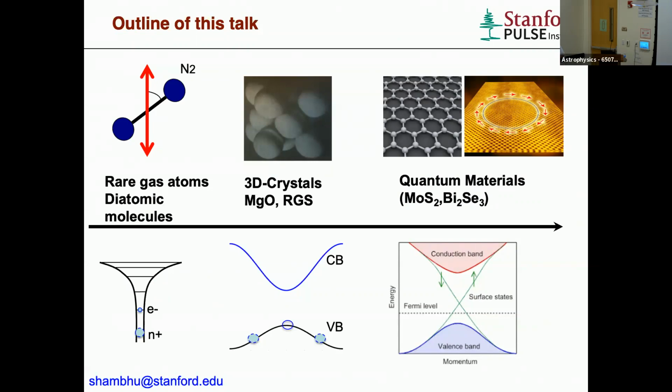In today's talk, I will start by briefly telling you about the spectroscopy in the molecular case, and then I will mention the recent progress that the community has made since this first experiment on the zinc oxide crystal. The most interesting part that I'm excited about is our latest results on topological materials, bismuth selenide.